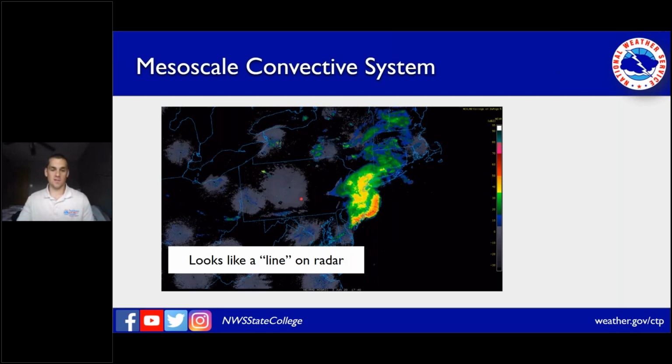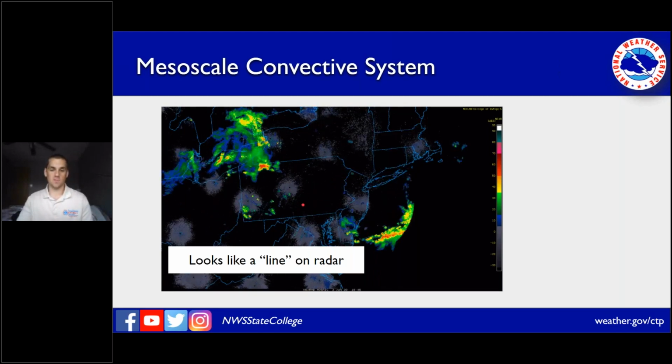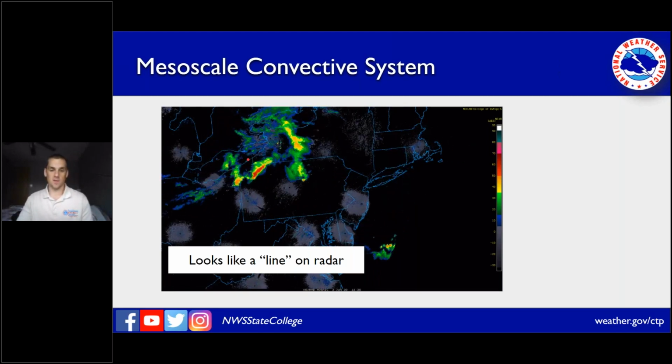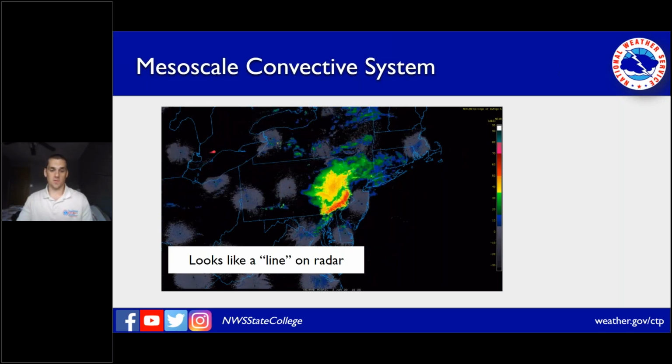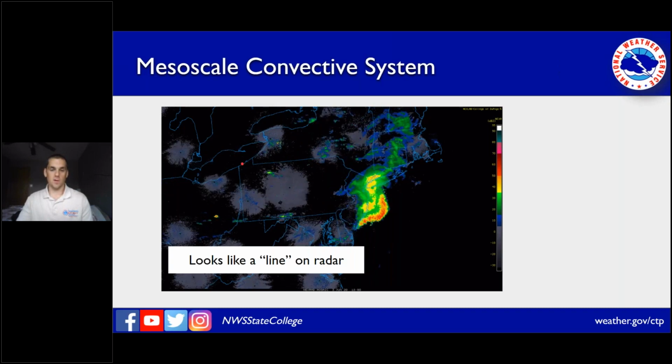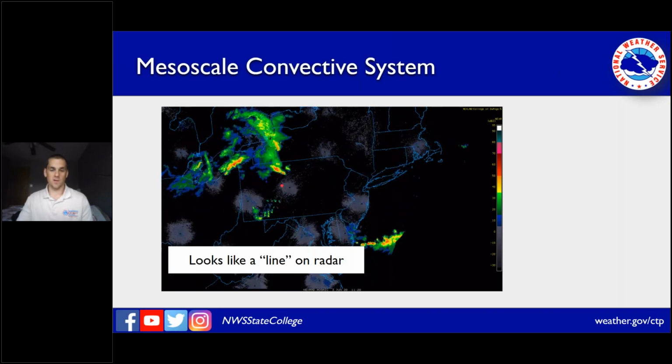So this is an example of what one of those squall lines would look like. I mentioned we get a lot more of these. You see the development, maybe there was a larger complex that came out of the upper Midwest earlier in this particular example. It started again as we get into Northwest PA.